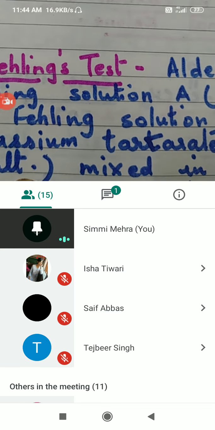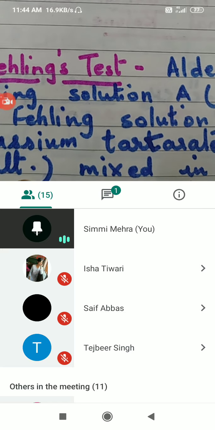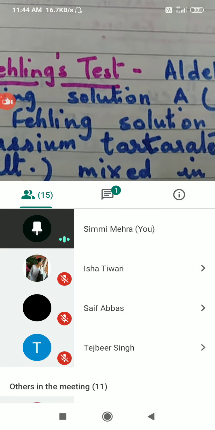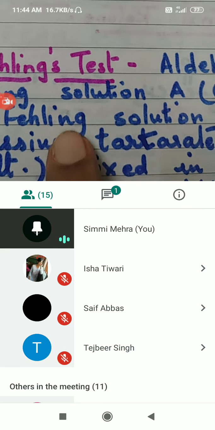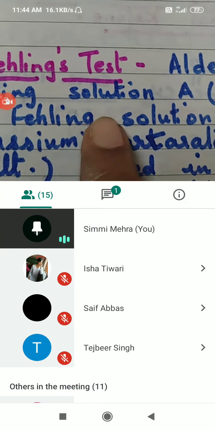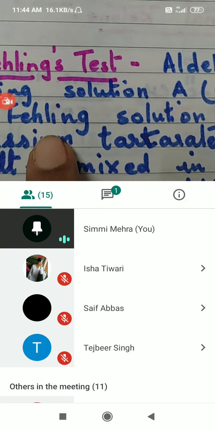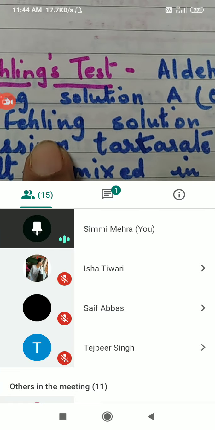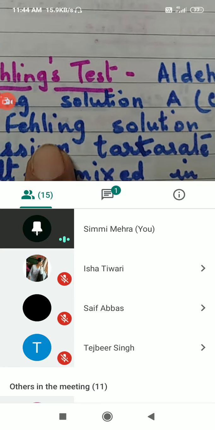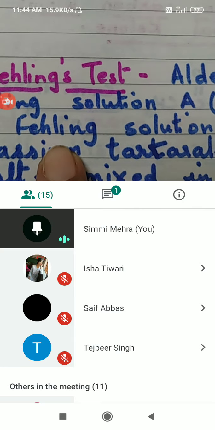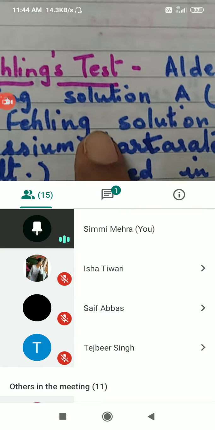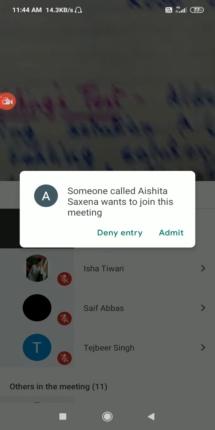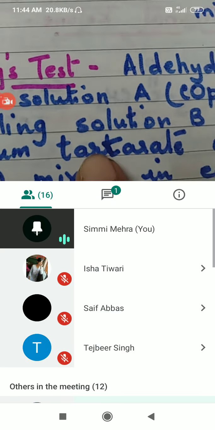When we mix Fehling's solution A and Fehling's solution B, we get a dark blue colored solution, like the ink of the sketch pen which I have used. Then you take 1 ml of aldehyde and add 1 ml of your Fehling's solution, shake it well, and then heat it in a water bath. After some time, what will happen? We see brick red.